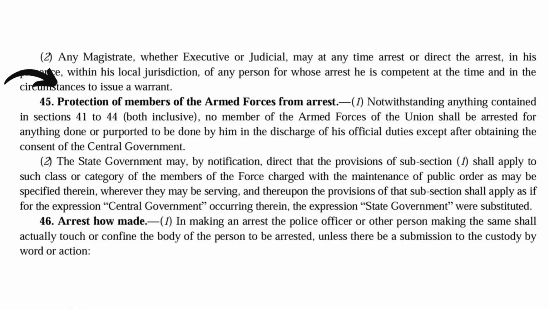For example, Section 45 of the Criminal Procedure Code 1973, which is a non obstante clause, grants immunity to members of the armed forces of the Union from arrest for actions carried out in the discharge of their official duties, with the condition that such arrest can only occur with the consent of the central government.